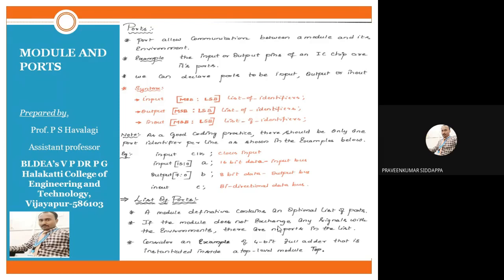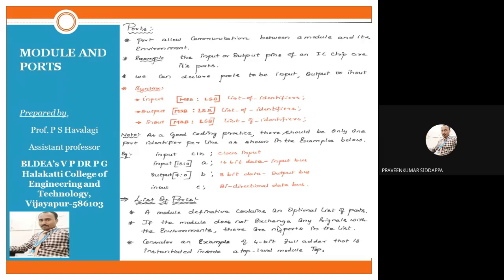There are three ports available in Verilog: input port, output port, and another one is inout. Sometimes a variable acts as input as well as output, so we call it inout. Those three are keywords.